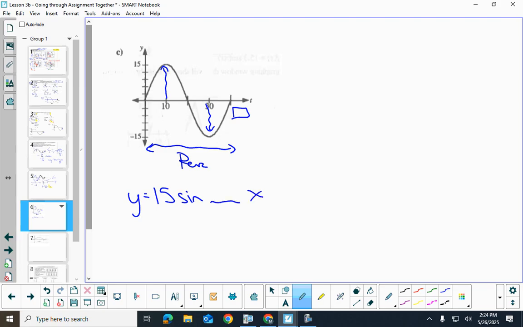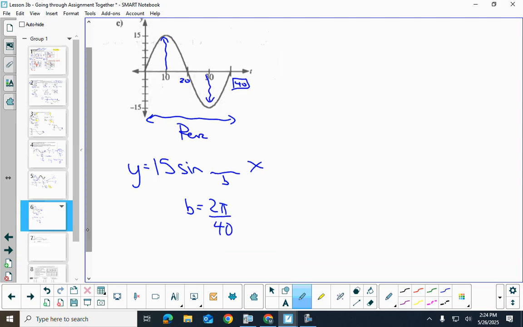If this is at 10, and this is at 30, that must mean this was 20 and this was 40. So the B value is 2 pi over 40. So you can put that in there. That's perfectly fine.